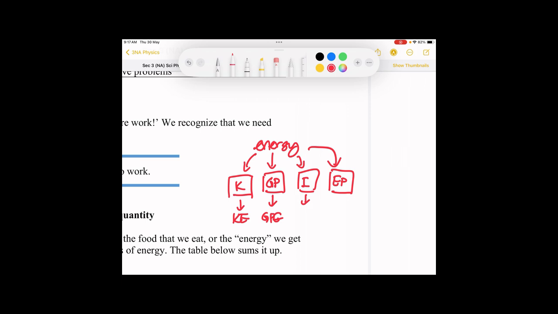Remember, energy in our new syllabus is considered as one pure form, but it can be placed in different stores.